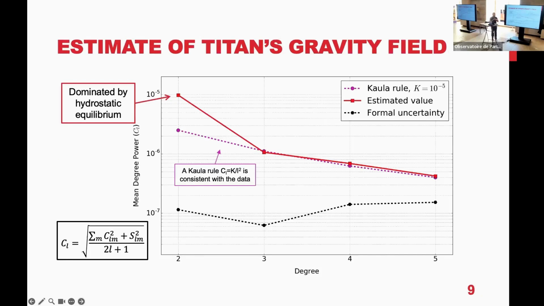So it's pretty surprising that here we can fit the lower degrees with a Kaula rule, because it's something that we would not expect. But at the moment it's the only observation, so it's something that is interesting to be investigated in the future.